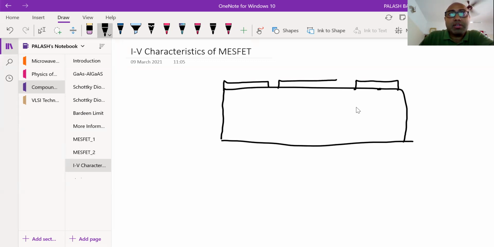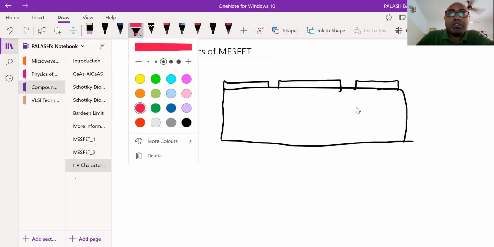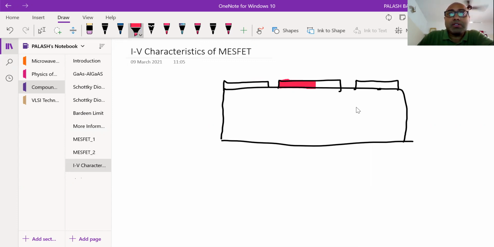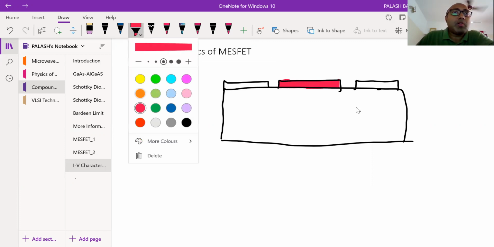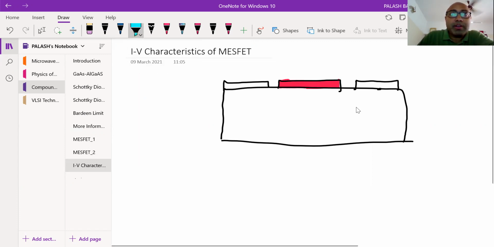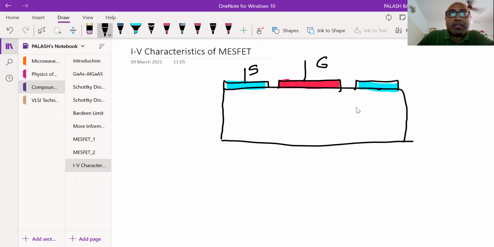We have a gate, and we have a drain. We have a source, we have a gate, we have a drain, right? And this is, as I have mentioned, a semi-insulating semiconductor.